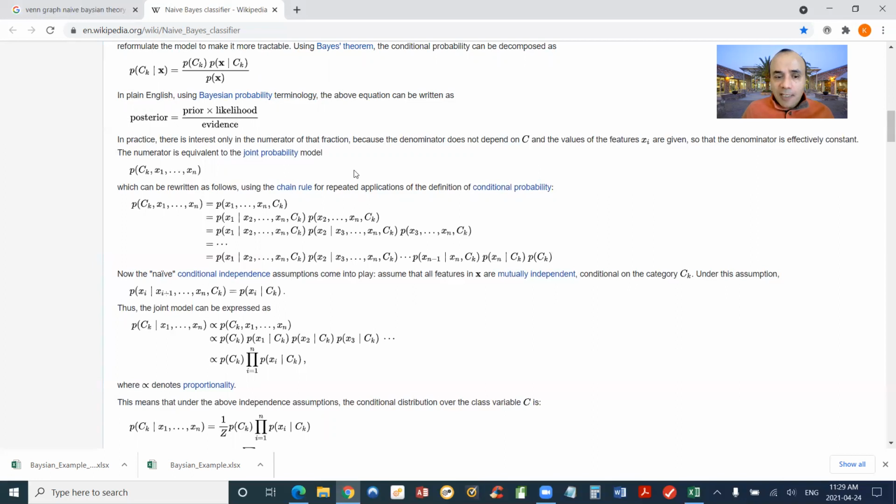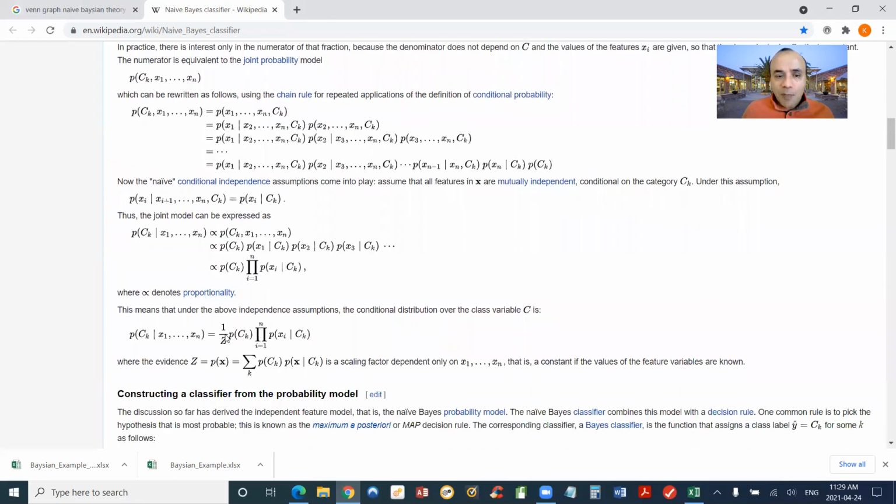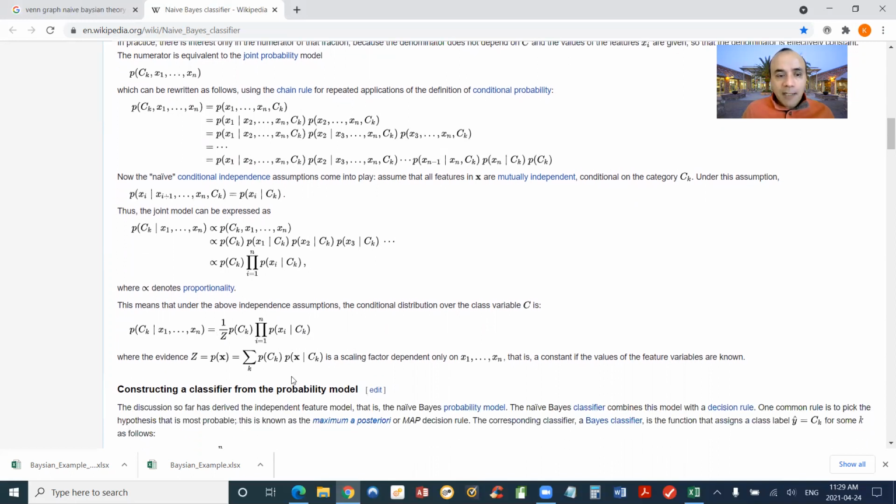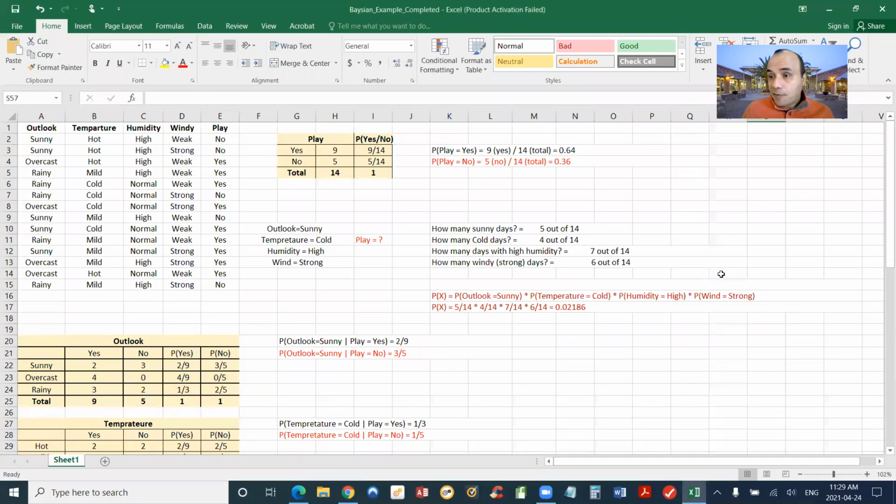If P of X is going to be constant, I'm going to represent that by 1 over Z. So 1 over P of X, I'm going to call it 1 over Z. If I say 1 over Z here, then these two would be quite proportional, quite related, possibly even equal, I would say. So it would be a lot simpler to calculate it this way, by doing it with the independence assumption.